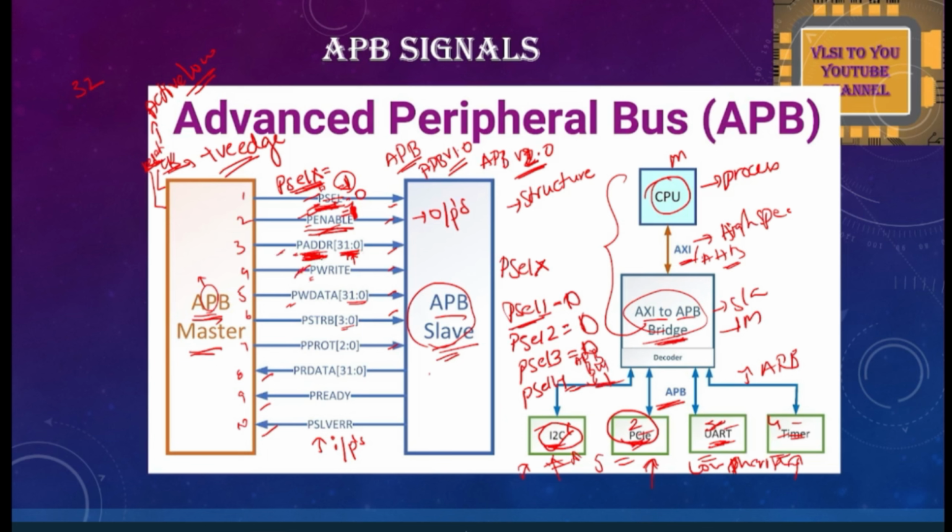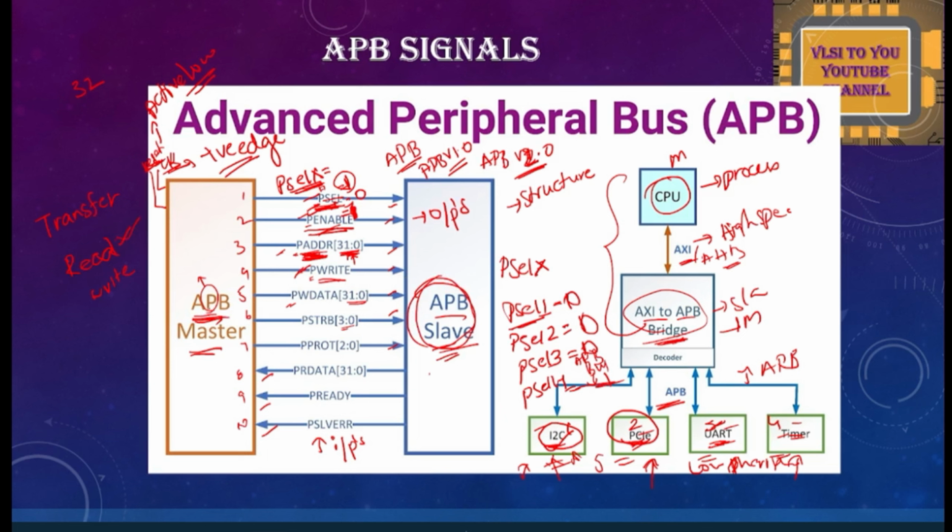Now coming to P write. For any transfer from master to slave or slave to master, when it comes to transferring data, it is of two types, read and write. Reading means whenever the master wants to read something from the slave, then the read transfer takes place.